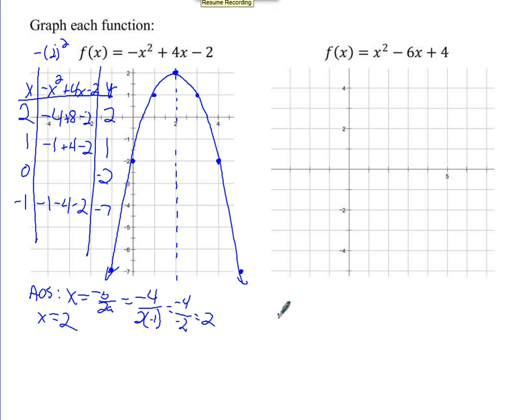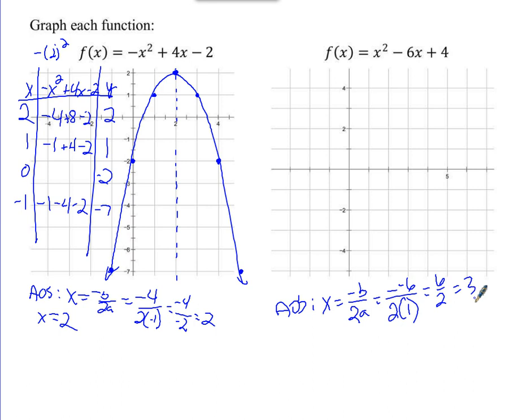AOS on this one. X equals negative b over 2a, so x equals negative what? Negative 6. Okay, and now negative 6 is 6 over, which is 3.